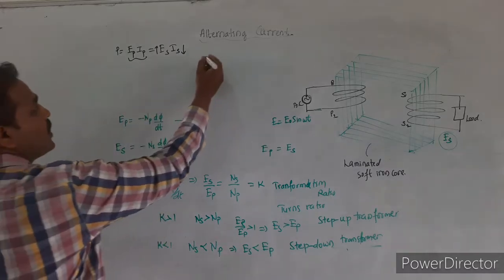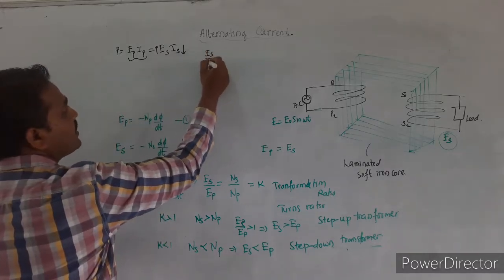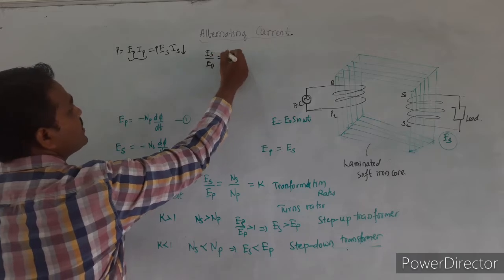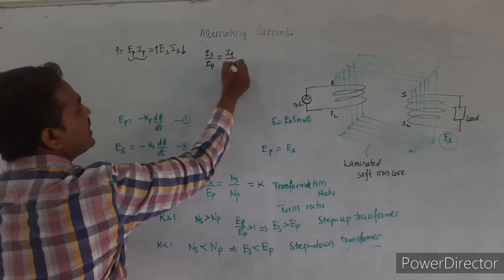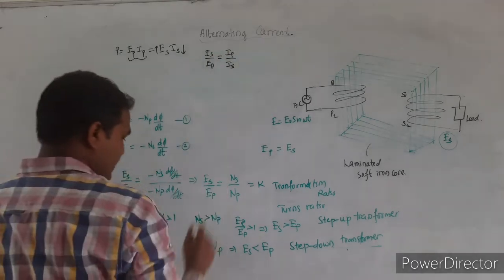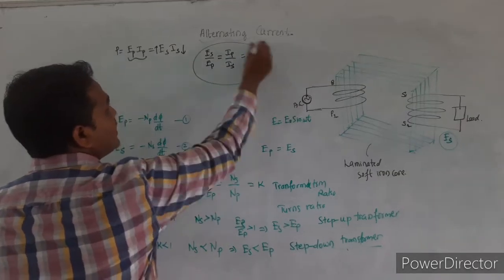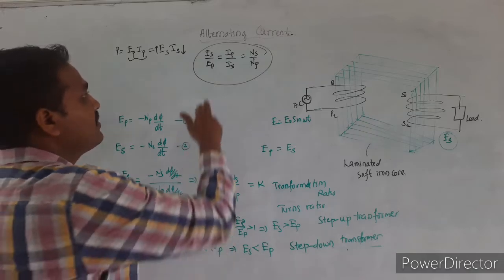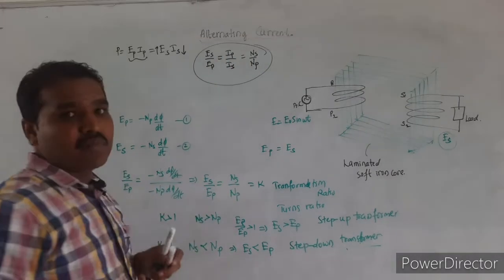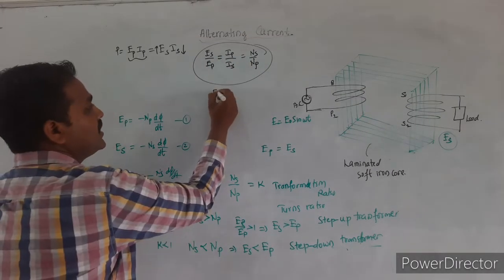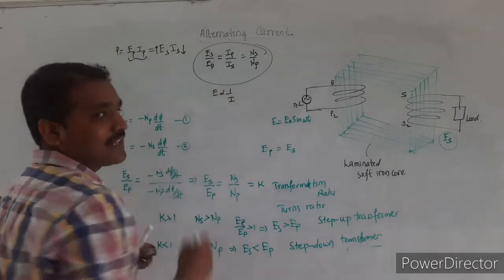So if I take the ratio again, Es divided by Ep is equal to Ip divided by Is. This is again equal to Ns divided by Np. This is the relation between EMF, current and the number of turns. Usually the EMF is inversely proportional to the current.